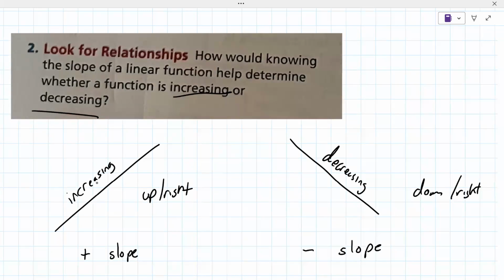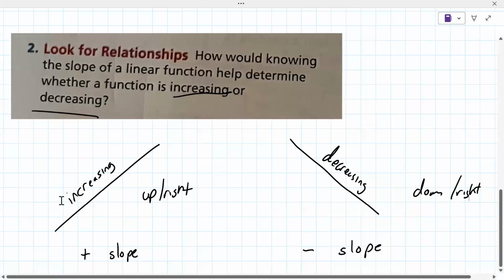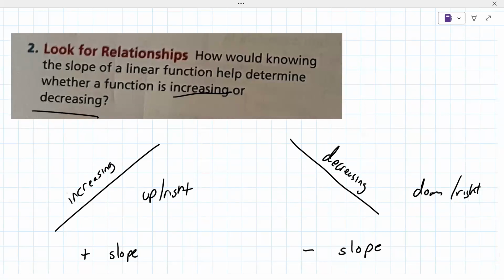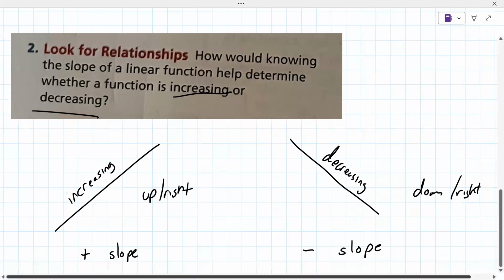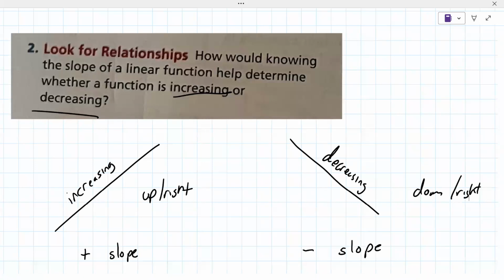So what does the slope tell you about whether it's increasing or decreasing? What's the relationship? If it's positive slope, that means it's increasing. And if it's negative slope, it's decreasing. Yes.